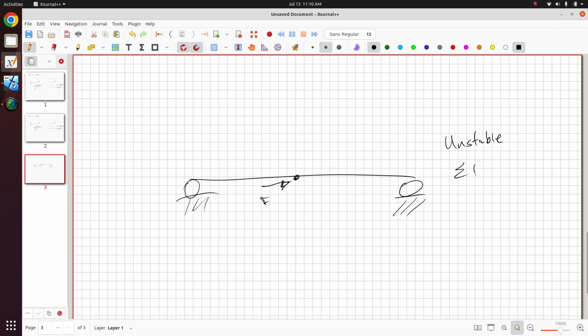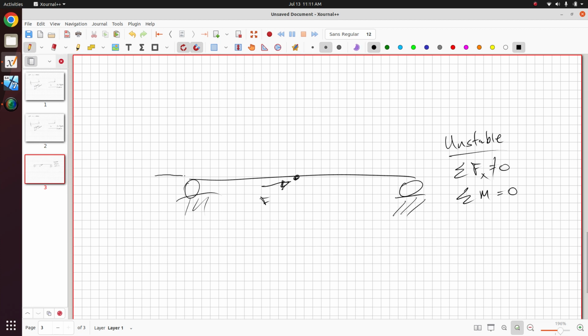And that's because if you do your equilibrium checks, you'll find out that the sum of the forces, at least in the X, is not equal to 0. So what happens here? You apply your F, and the whole beam moves as a rigid body. Let me see, how can I show you this?